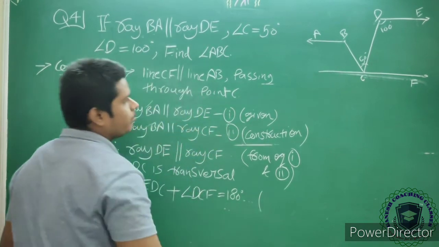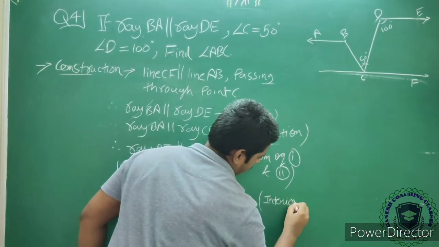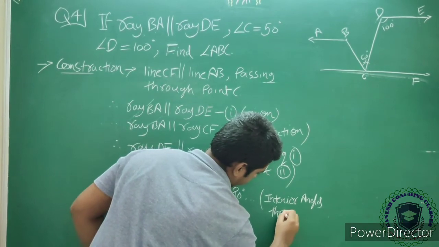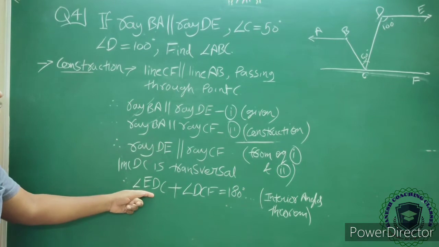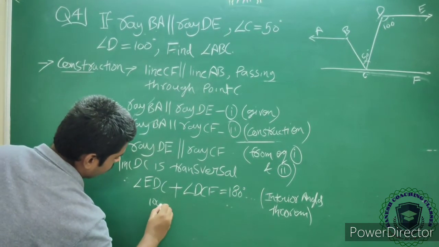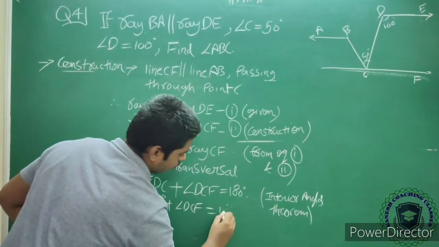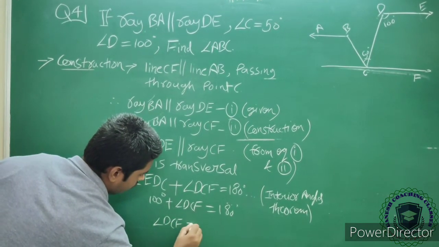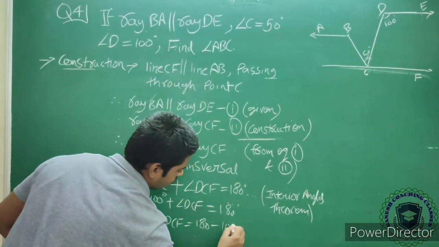Okay, what is the reason behind this? The interior angles theorem. So here we know the value of ADC, that is 100 degrees, plus angle DCF is equal to 180 degrees. So angle DCF is equal to 180 minus 100, since 100 is in plus, when it goes to the right hand side it converts into minus.